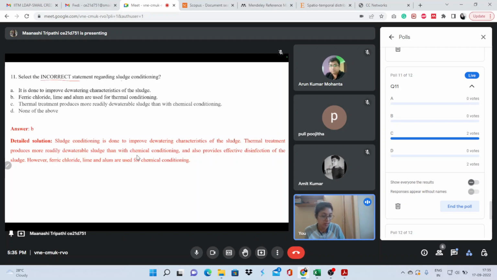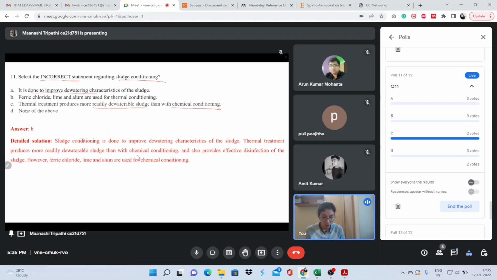Why do we do sludge conditioning? We try to improve the dewatering characteristics. And how do we improve it? By using some thermal as well as chemical treatment. In thermal treatment, the produced sludge is more easily dewaterable than with chemical conditioning, because in chemical conditioning there may be formation of some complexes that will hold water between those complexes, so water won't leach out.